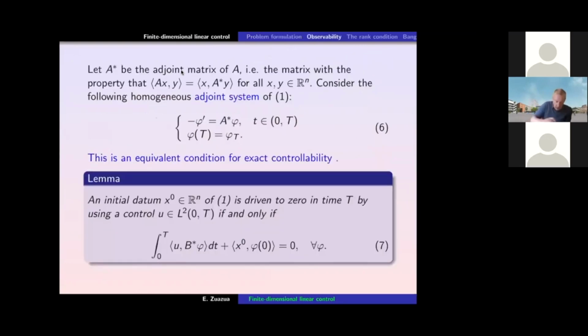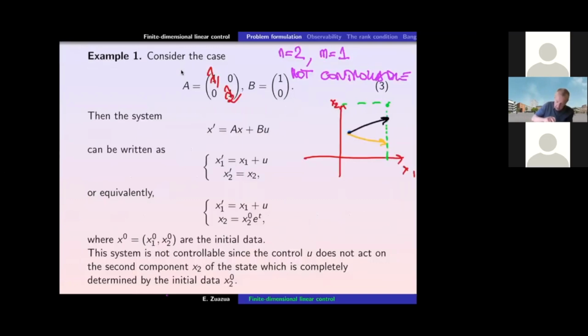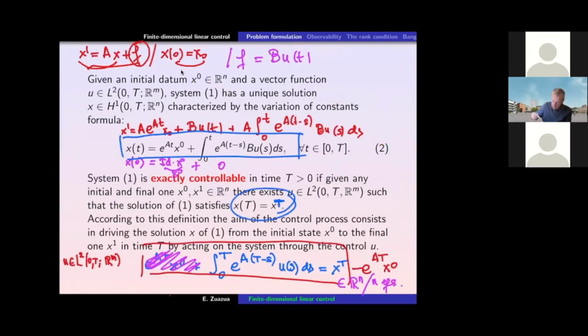Okay, so now the question is, how do I see all this, right? So we said the characterization of the solutions is given by this variation of constants formula. And all the controllability problem is about solving these equations. There is plenty of room to do it because I have just n components and many controls, an infinite dimensional space of controls.